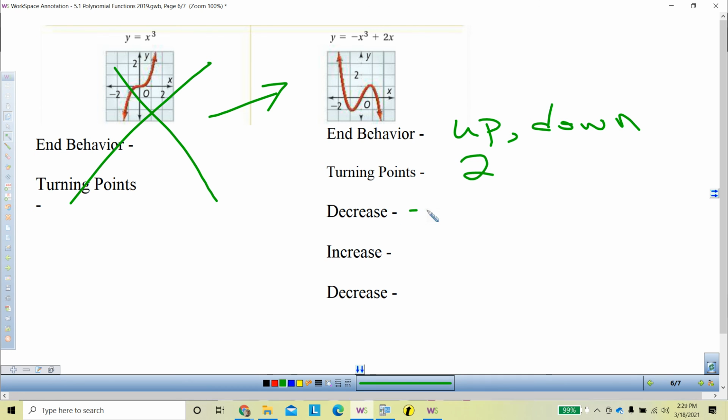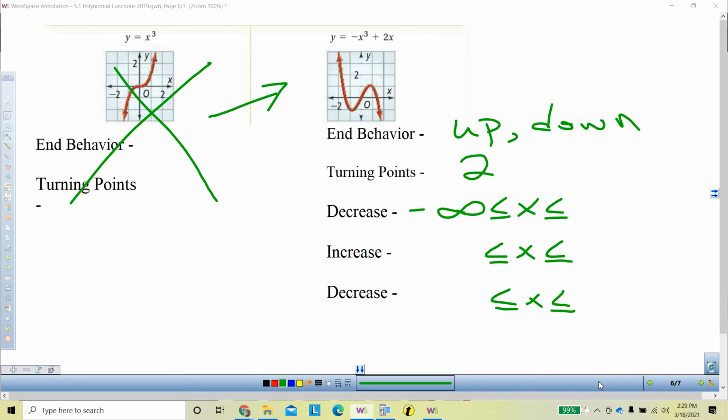Because we know we start negative infinity, less than or equal to x, less than or equal to, and then positive infinity. That's hard when you don't know when it's going to write.